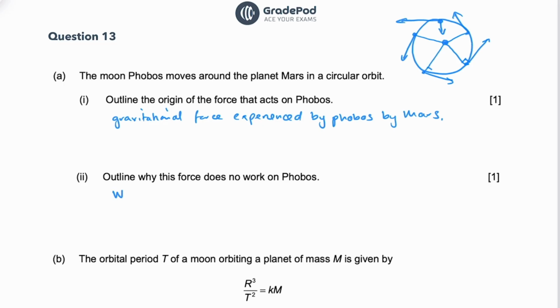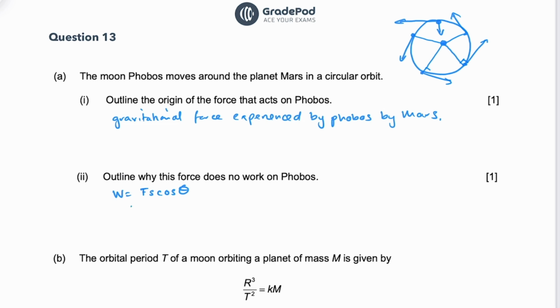Work done is equal to Fs cos theta. F is the force applied to the object, s is the distance travelled, and cos theta helps us work out the component of force in the direction that the object is travelling. Well, in this case, theta is 90, and cos theta is equal to 0.